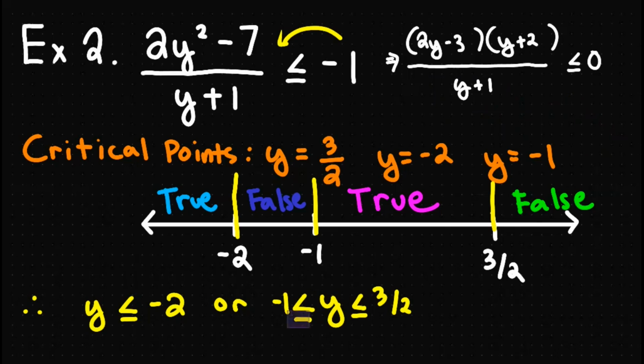Therefore, we remove the equality in -1, since y cannot be equal to -1. Also, just take note that the reason that we have a non-strict inequality is because we are given a non-strict inequality as well. But again, taking note of the domain, we make this one out here a strict inequality. And so that one is the answer.